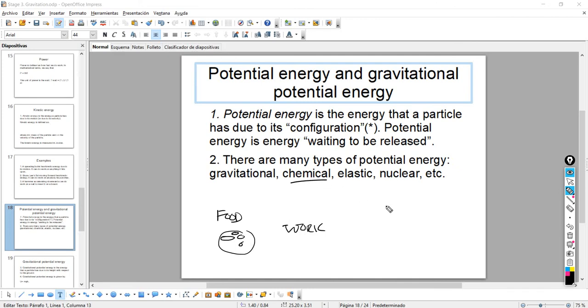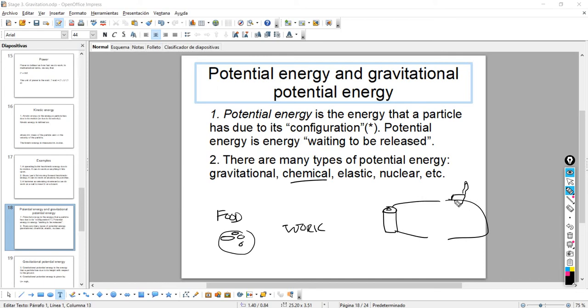Another example of chemical potential energy, think about a battery like Duracell and those things. When you connect this thing to any device, I don't know, a little train or something, the chemical potential energy that is accumulated inside is gonna do work on whatever system you connect it to.